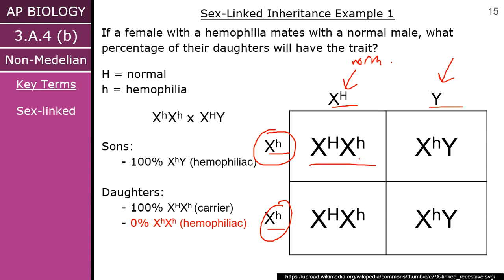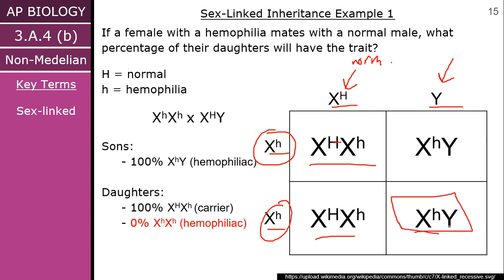You could have this individual, which has two X chromosomes, so that would make it a daughter. And they have a dominant H, so a regular normal allele, and a recessive allele. So this individual would be a carrier. Okay. This individual down here is also a carrier. This individual has an X little h Y. Okay.